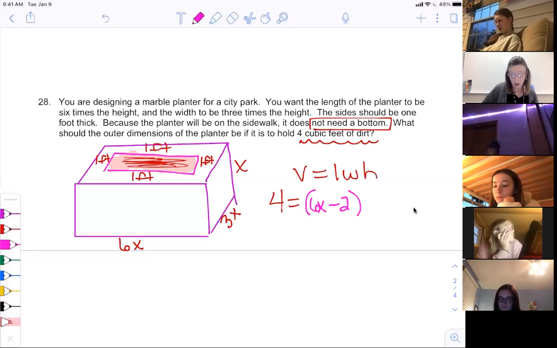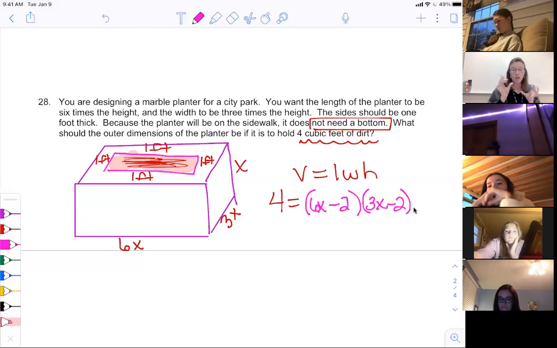Do you think you could do the width? Yeah. Would it be 3x minus 2? Mm-hmm. And again, we have to subtract 2 because each side is 1 foot.